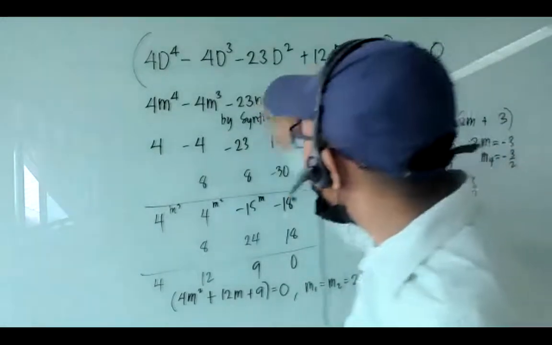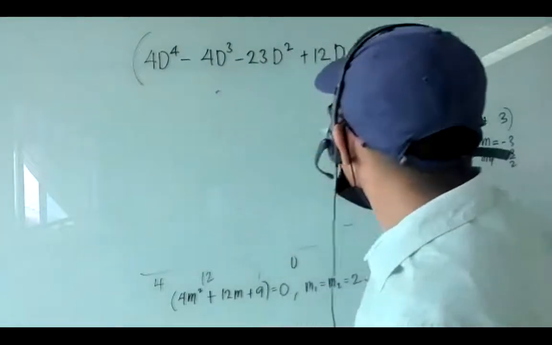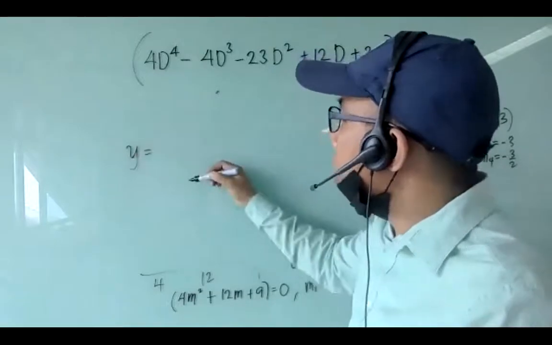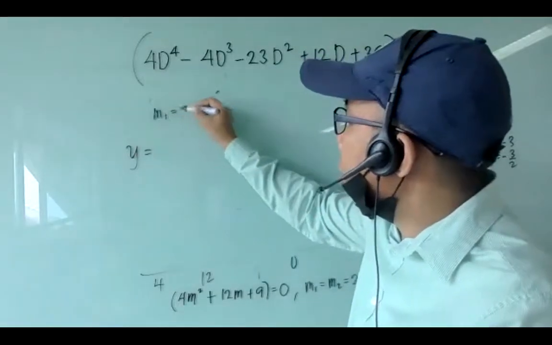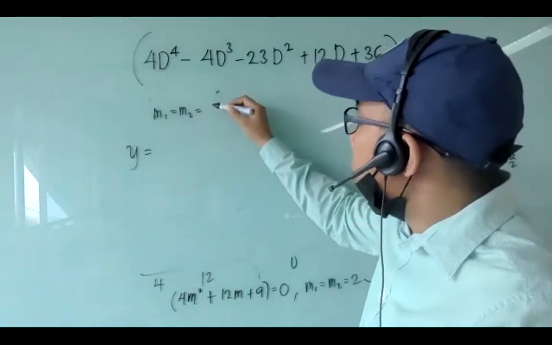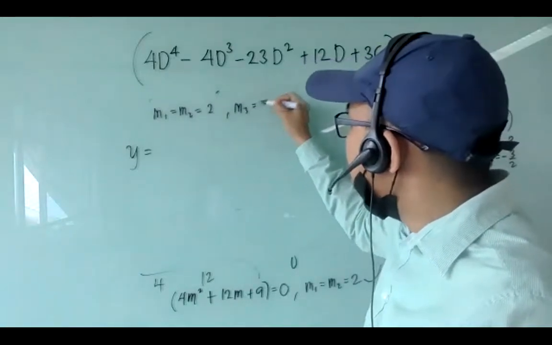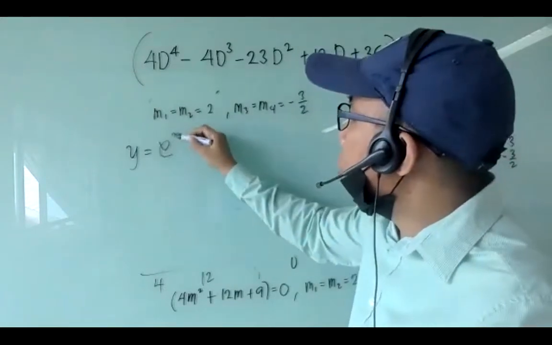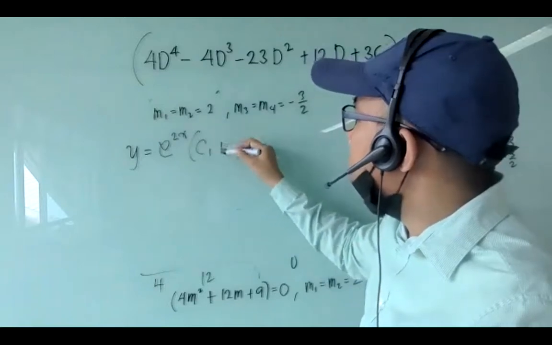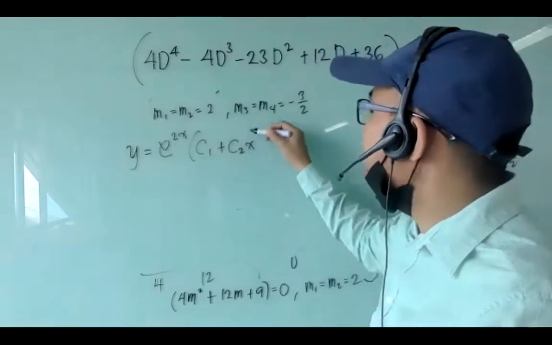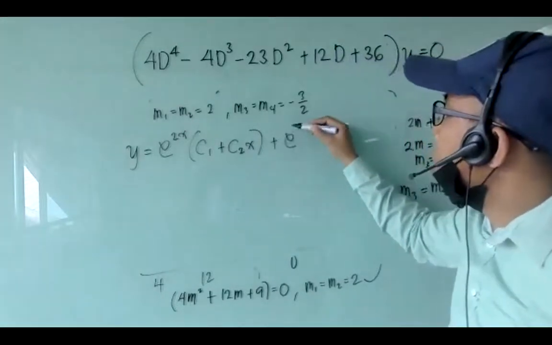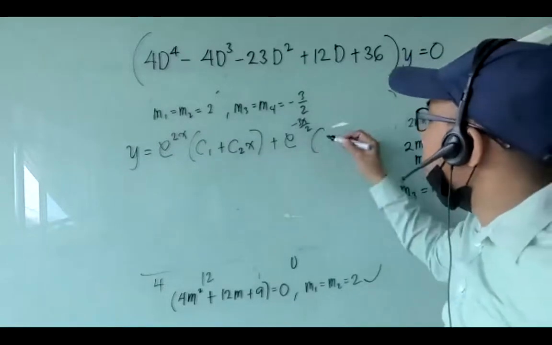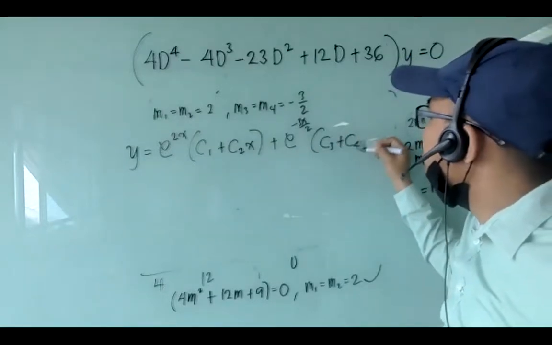Okay, naburahin ko na to. So y is equal to, because of yung roots nito, m sub 1 is equal to m sub 2, which is 2. M sub 3 is equal to m sub 4, which is negative 3 halves. So we have e raised to 2x times c sub 1 plus c sub 2 x, plus e raised to negative 3x over 2 times, continue lang yung subscript, c sub 3 plus c sub 4 x.